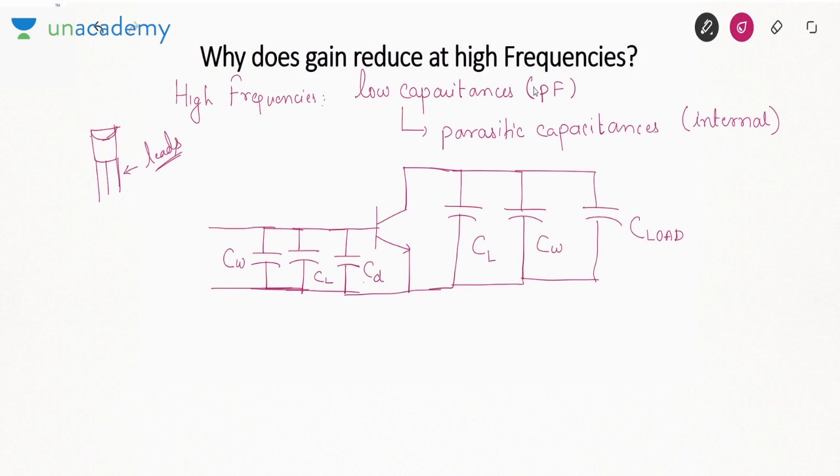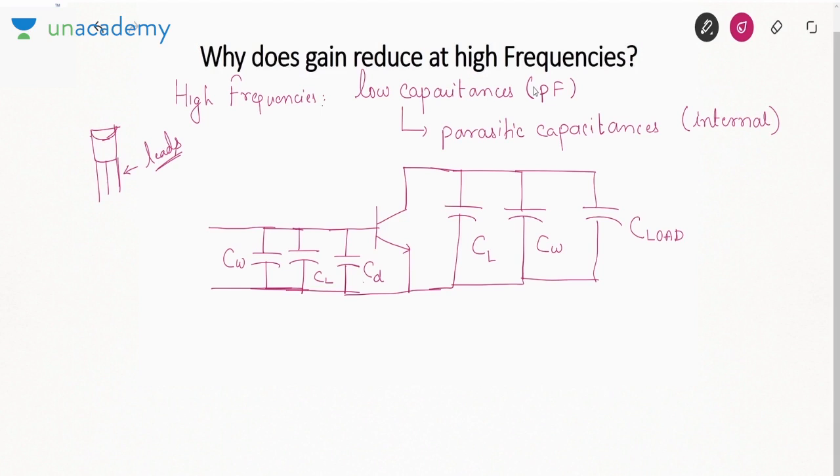So if BJT is driving another BJT, the input capacitance of the second will work as the output or the load capacitance of the first. So it means the load capacitance is nothing but the input capacitance of the second stage connected at the output of this BJT, because there can be multiple stages.